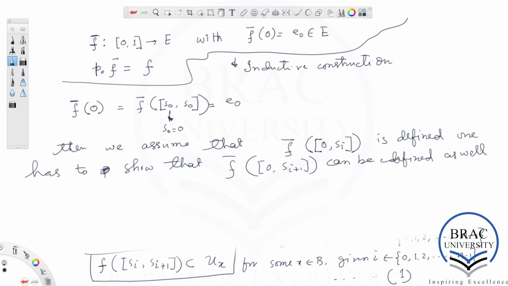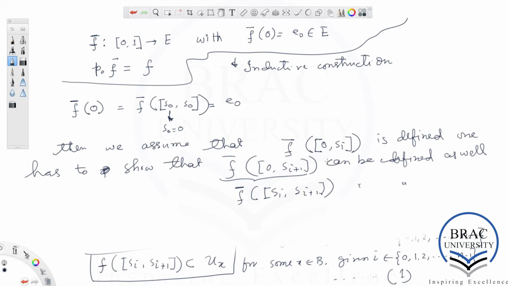Then we are done proving that this F bar can be constructed. We'll be able to prove this only if we can show that F bar on Si to Si plus 1 can be defined, right?